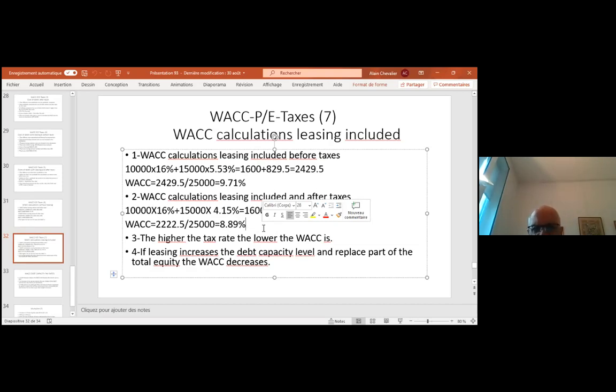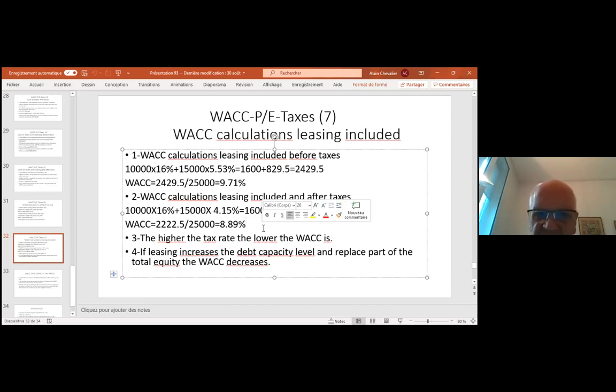And you understand that in these calculations, we have a higher WACC with leasing than without leasing. But we have admitted here that there is no swap between leasing contracts and equity.